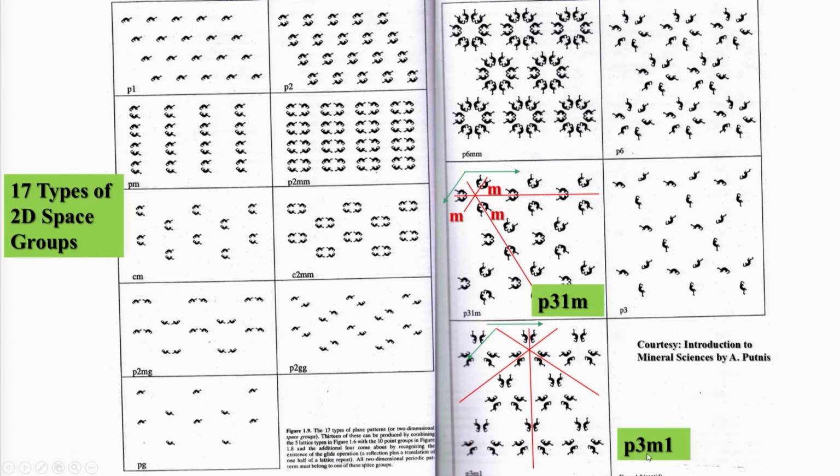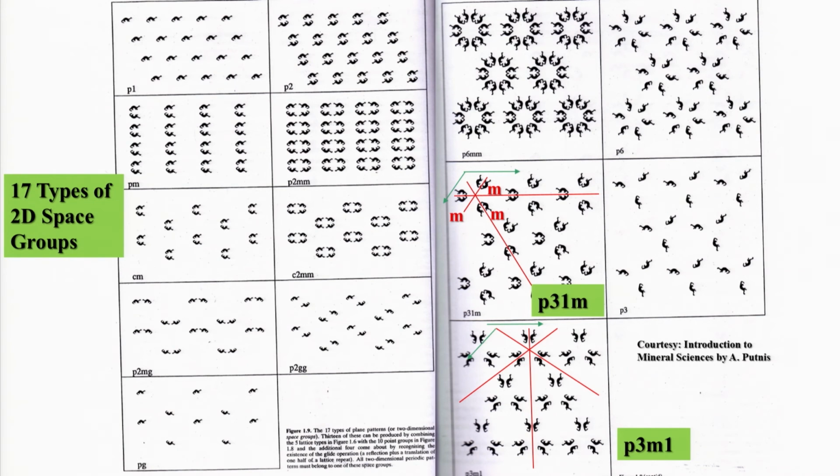So, P 3 m 1 is this pattern of dinosaur motifs that is generated because of the hexagonal primitive lattice, which is combined with 3m, and where the translational direction and one of the mirror plane directions are shown as orthogonal orientation.